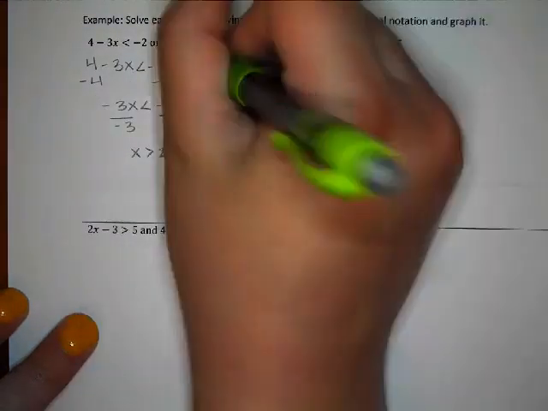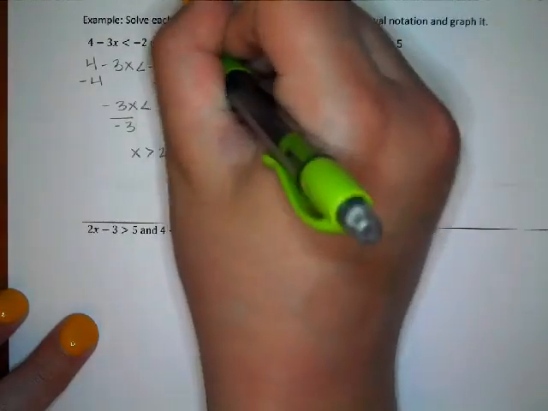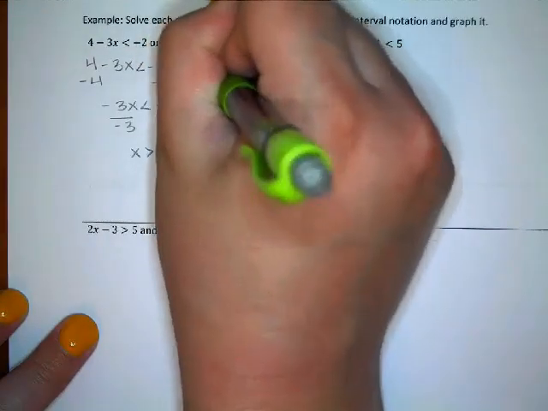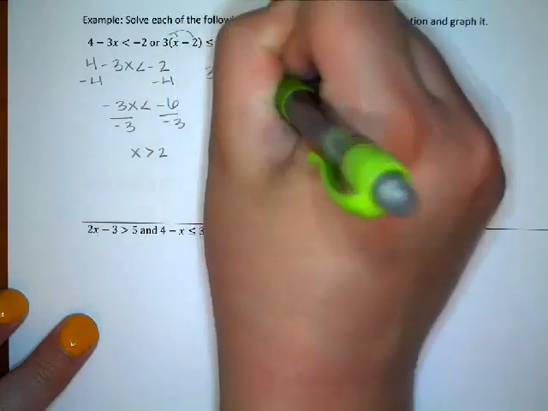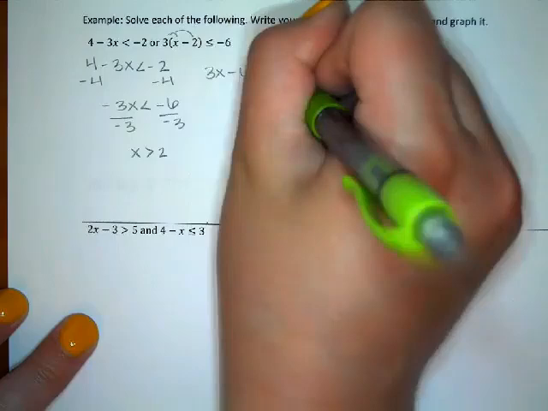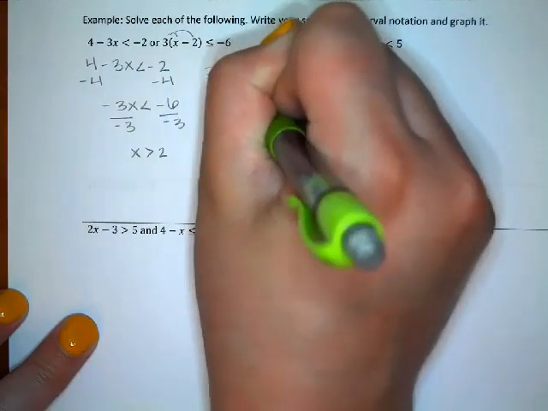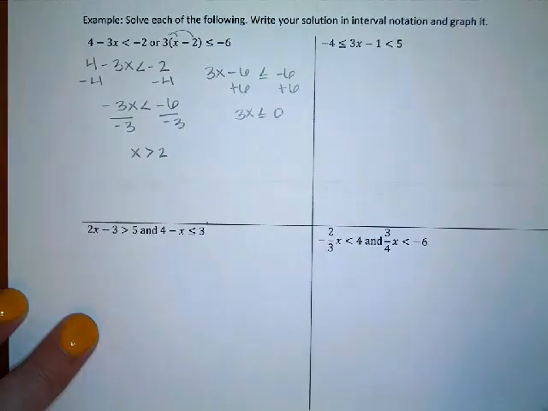And then for the other one, I'll go ahead and distribute the 3 before I write this down. So 3x minus 6 less than or equal to negative 6. I'll go ahead and add the 6 over to the other side. And then I'll divide by 3.